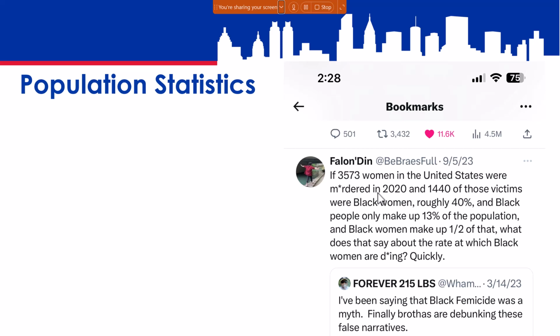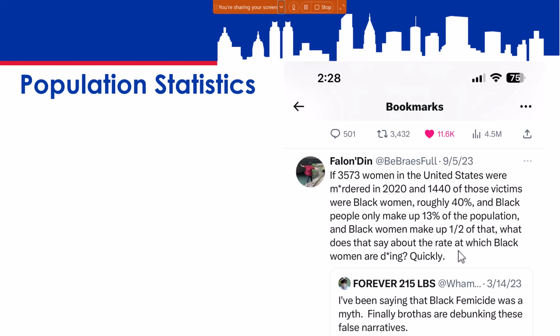So this person is saying if 3,573 women in the United States were murdered in 2020, and 1,440 of those victims were black women, that's 40% of that. And black people only make up 13% of the population, and black women make up half of that. What does that say about the rate at which black women are unalive?